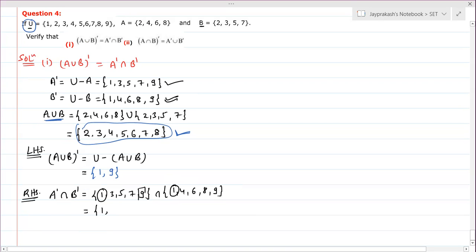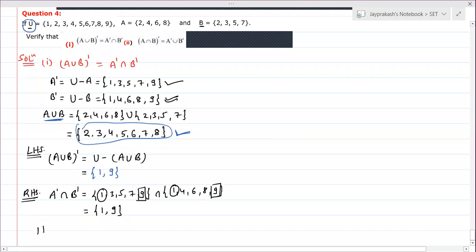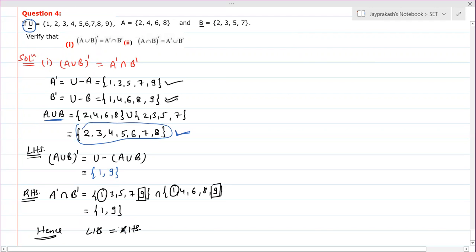Then the next element is 9, the two elements which are common in A complement and B complement. So our RHS will be 1, 9. Hence, from LHS and RHS, you can say that LHS equals RHS.